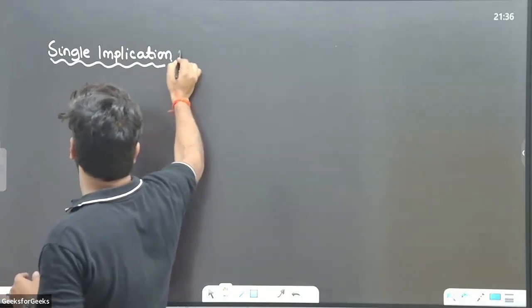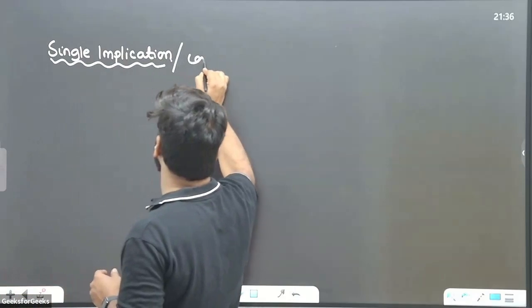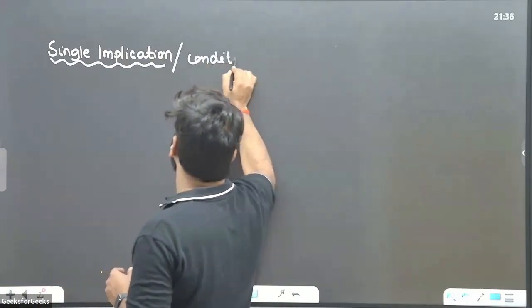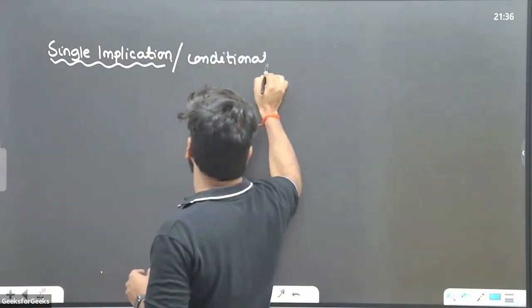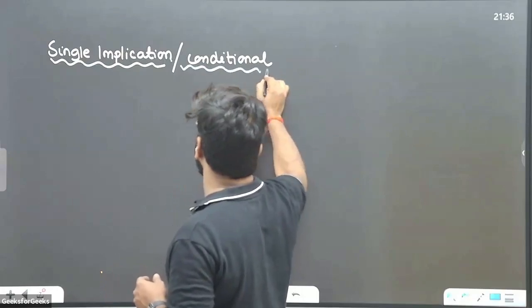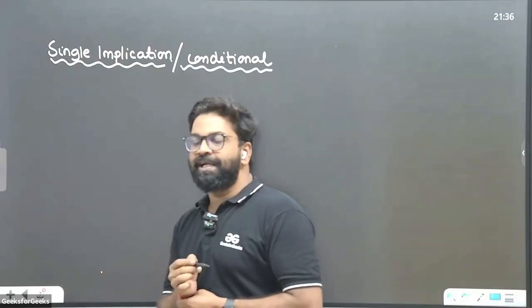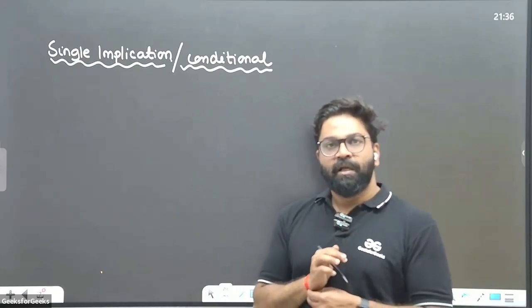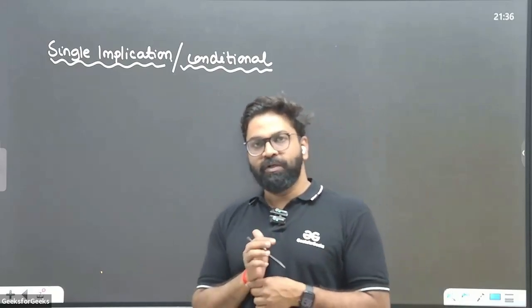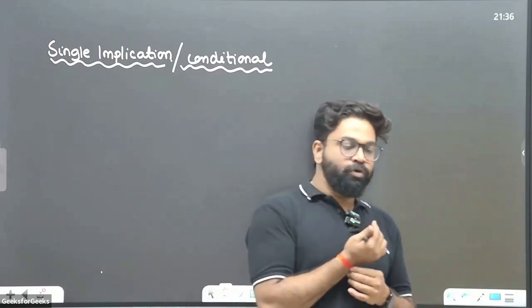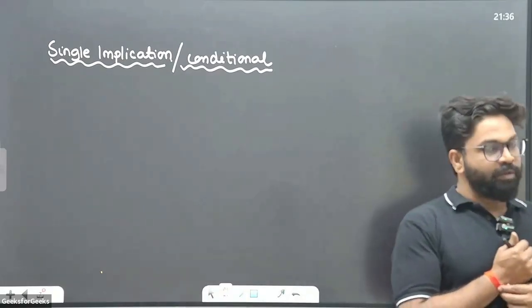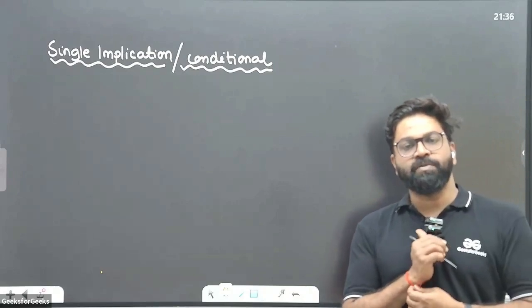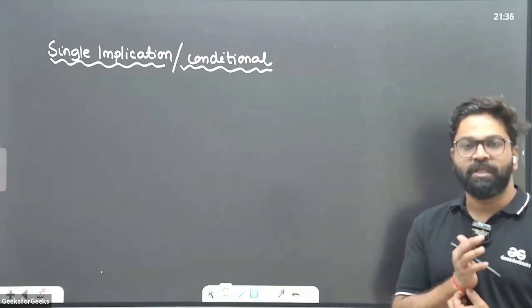Sometimes it is also called a conditional statement. Either you can call it a single implication, or a conditional statement, or a single conditional statement. The whole GATE questions revolve around this. Even most of your theorems also revolve around this.